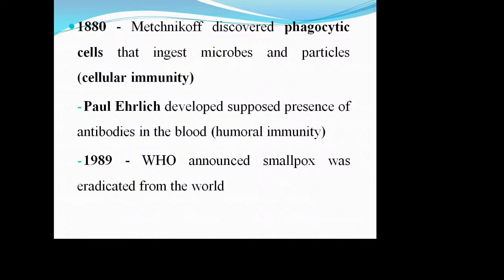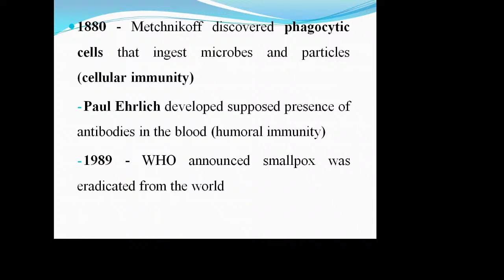Another main step in the history of immunology was in 1989, when the World Health Organization announced that smallpox was eradicated from the world. For about 40 or 50 years, all countries used obligatory vaccination of every person.